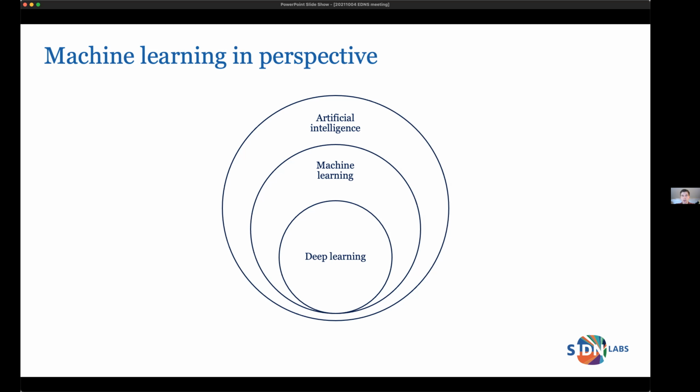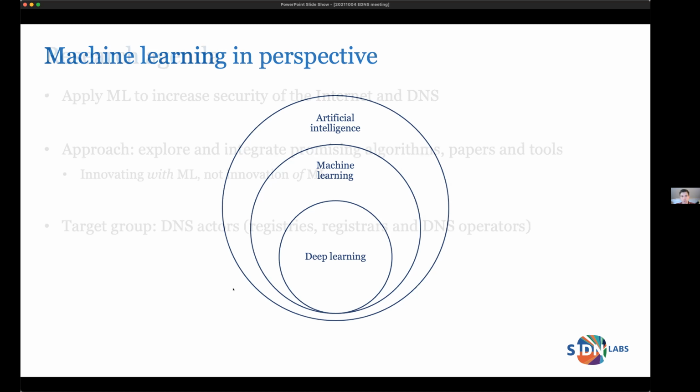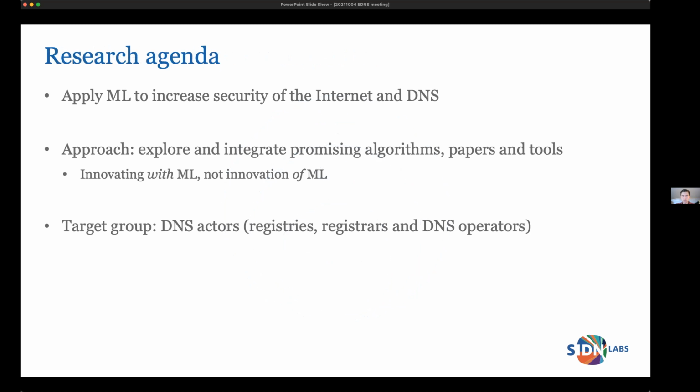And there are, of course, ground truth labels that you can use from abuse feeds or other types of data sources. So we think it's relevant to use machine learning, because you can use the tools that machine learning gives you to extract patterns and rules that can increase the security of the DNS.